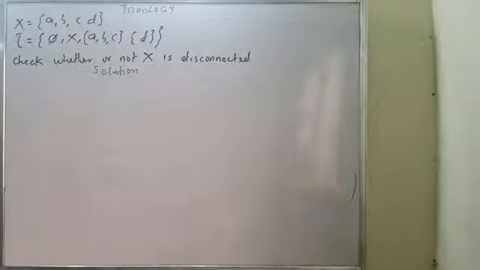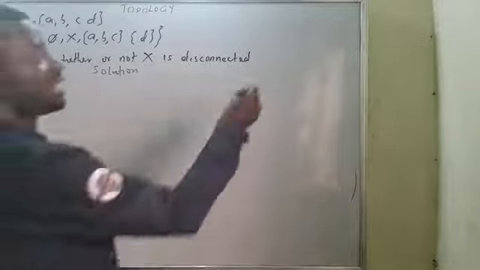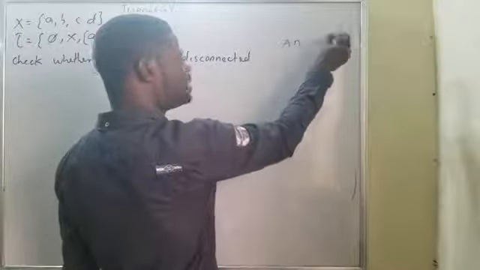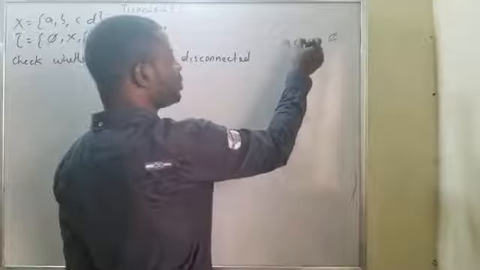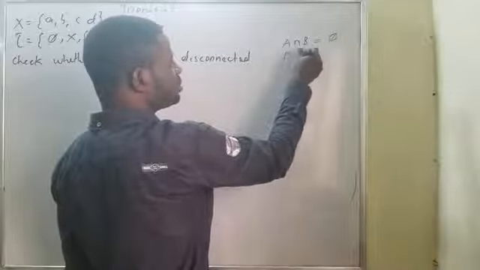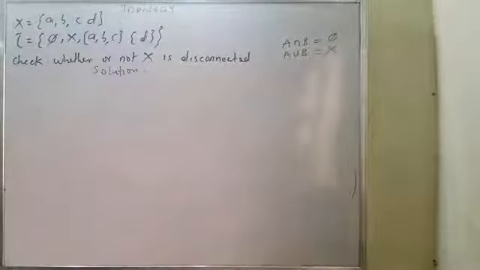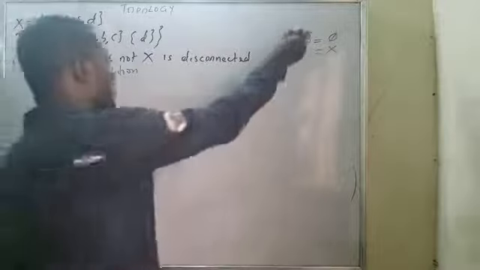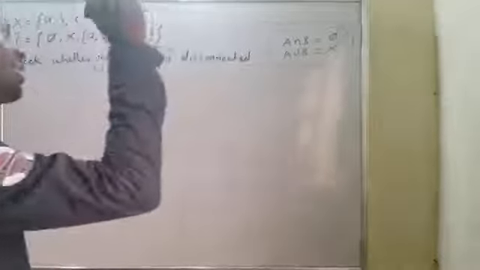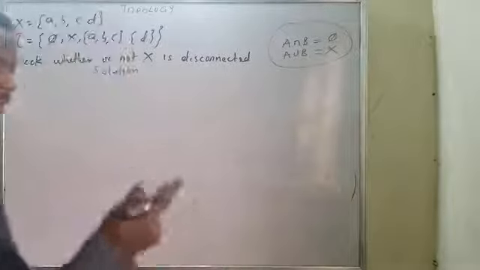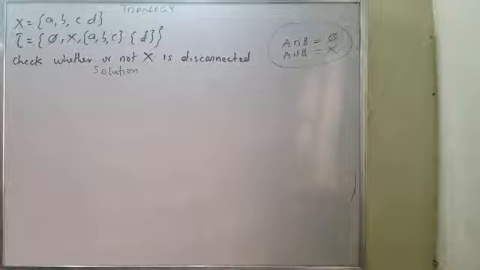The first thing I need to do, don't forget that the major thing is that the intersection of a given set must be empty, and their union must give us the given set, which is the normal set. Those two things would satisfy the condition that it is disconnected. If not, it means it is connected.